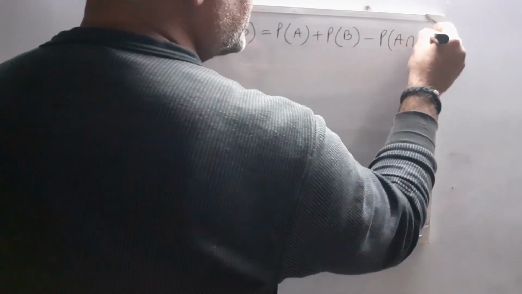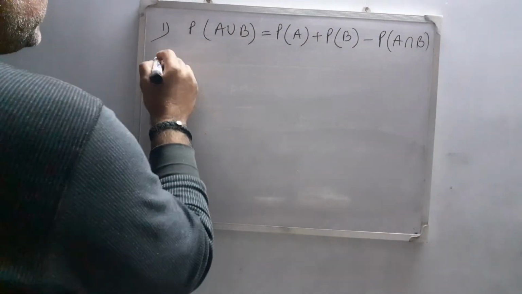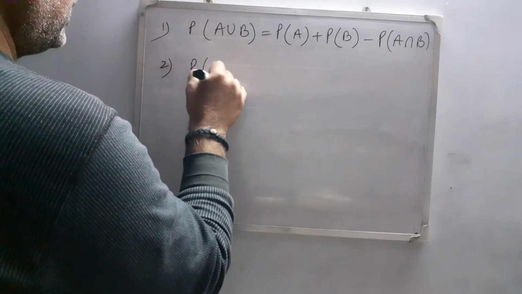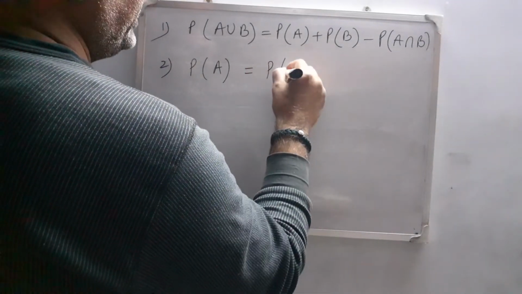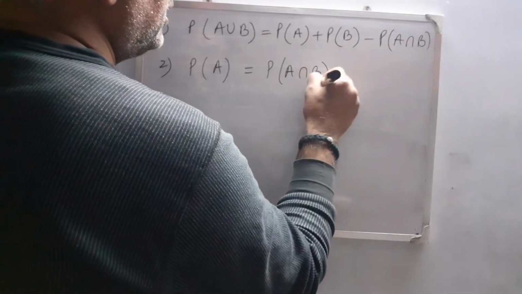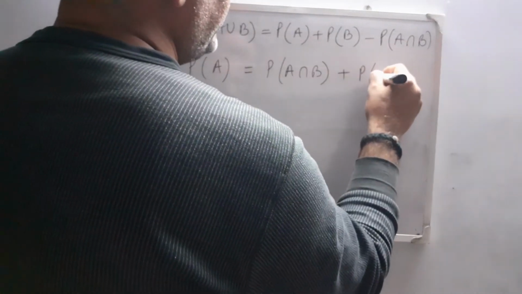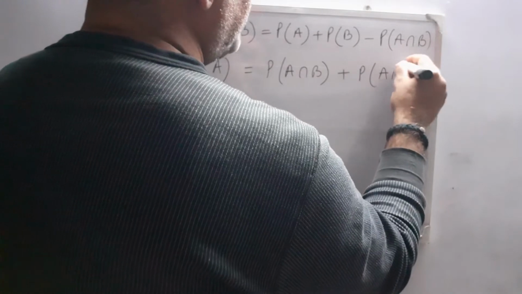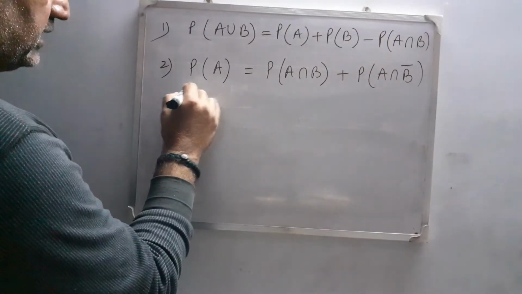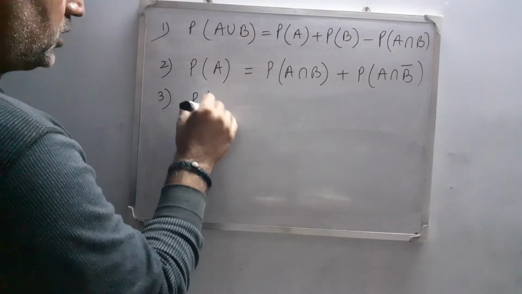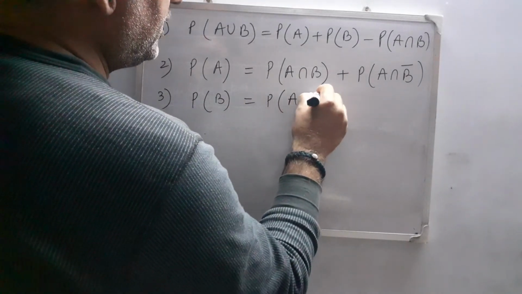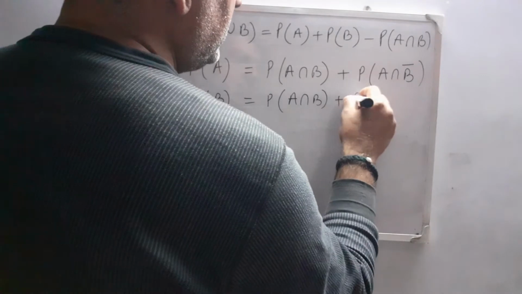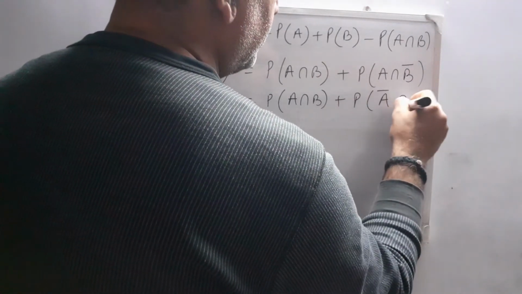This thing we have discussed earlier. And then number 2, P(A) is equal to P(A intersection B) plus P(A intersection B bar). And then number 3, P(B) is equal to P(A intersection B) plus P(A bar intersection B).